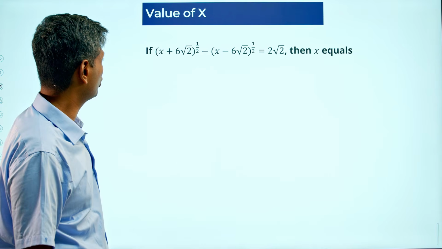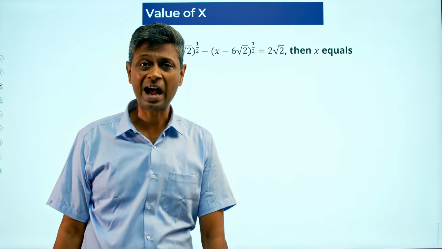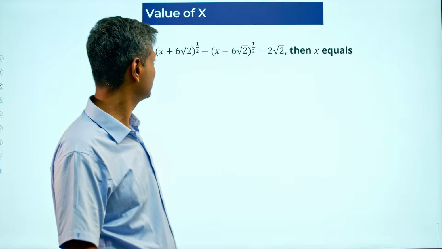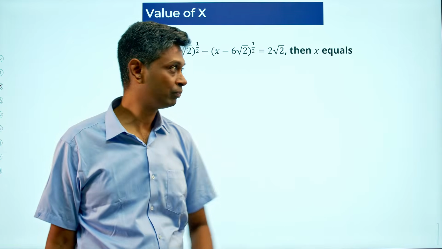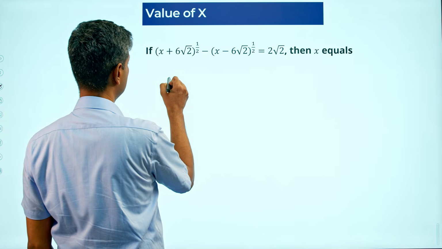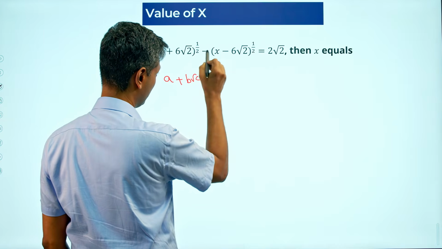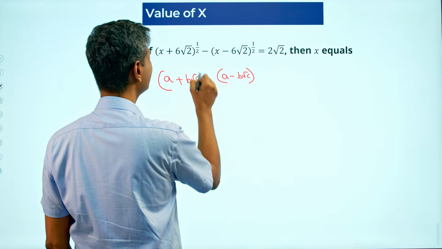Square root of x plus 6 root 2 minus square root of x minus 6 root 2 is 2 root 2 and x equals? So, first of all, I'm going to find a street smart way of doing this. Let's assume this square root is a plus b root c. This square root is a minus b root c. It may not be, I'm hoping it will be.